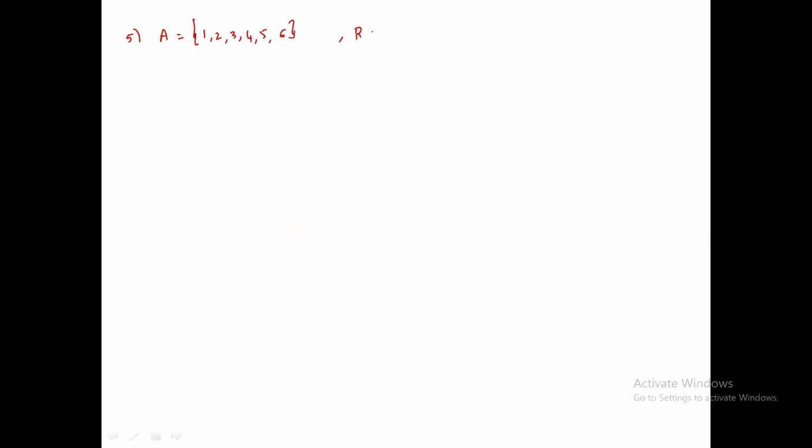R is a relation defined on A. That means from A to A. There is no other B. And R is given as the ordered pairs A comma B, where A, B both are taken from the set A and B is exactly divisible by A. What do you mean by B is exactly divisible by A?